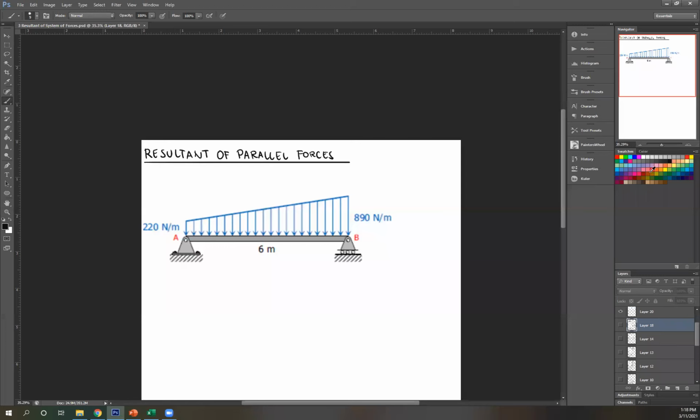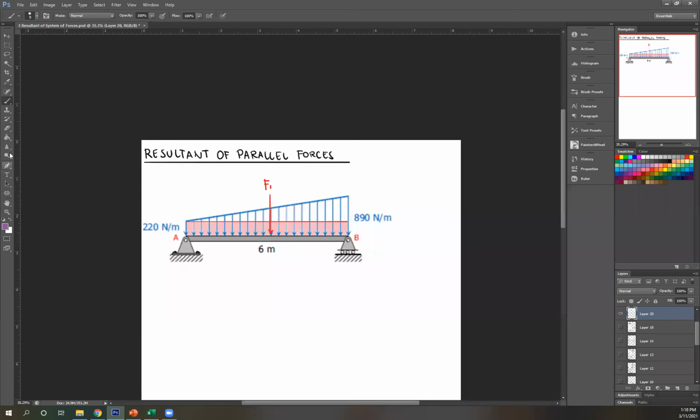So as I said earlier, one way you could solve for this is to divide it into parts. Okay, so one as a rectangle, the other, as you can see, a triangle. So the center of this is here. Let's call that F1.